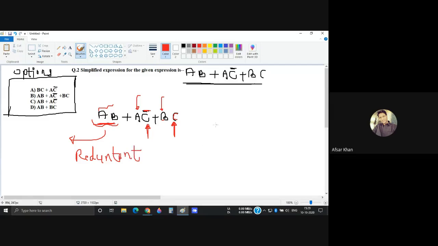So the remaining answer is these two terms only, that is, students, AC bar plus BC.